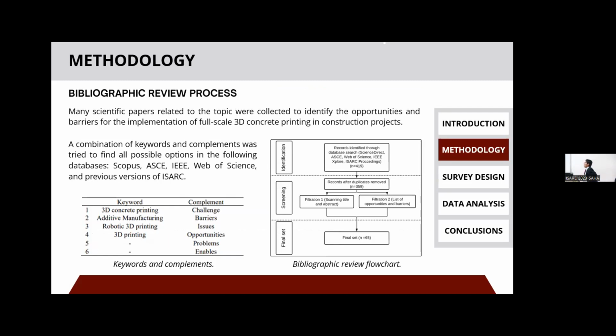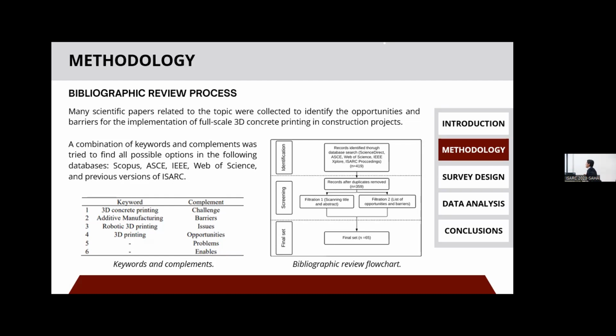Why? Because we have to make a bibliographic review process. In this case, we have to identify the opportunities and barriers for implementing 3D concrete printing. So we found 419 papers, and then with two filters, scanning title and abstract, we read the papers to understand the topic.